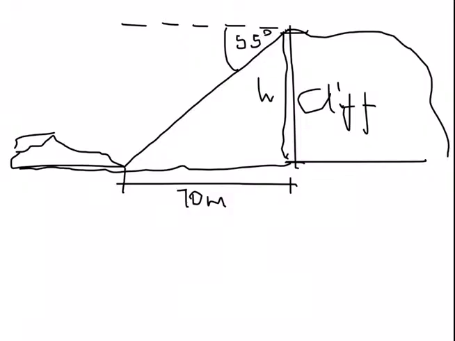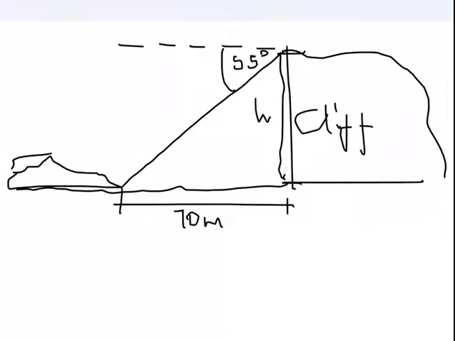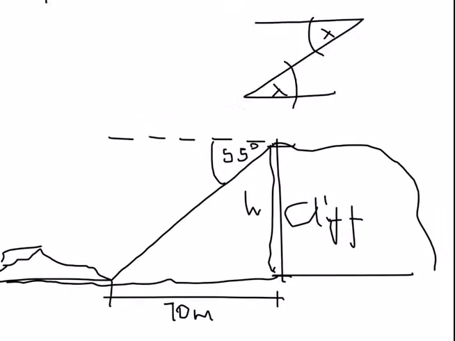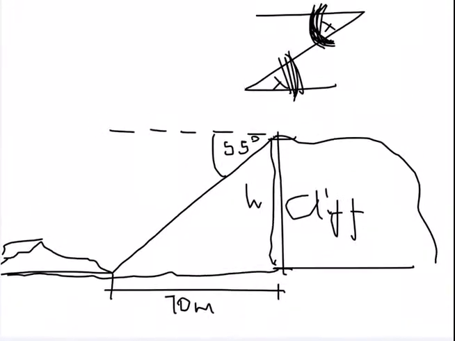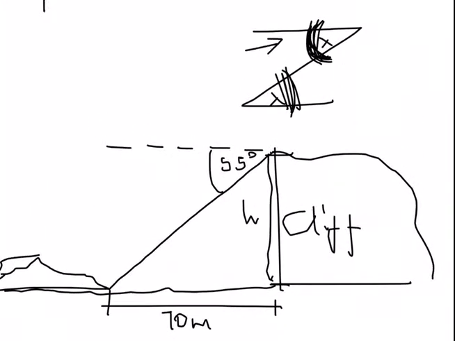So the question which you may be asked is, what is the angle of elevation of the top of the cliff from the boat? Based on what I've just explained, if you are given this angle, mathematically we know that it is equal to that angle, because this is the angle of depression and this is the angle of elevation.